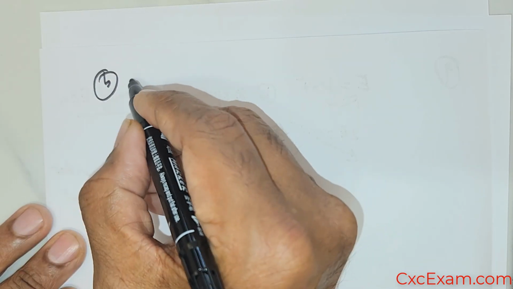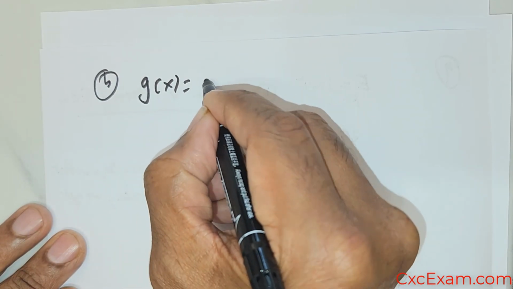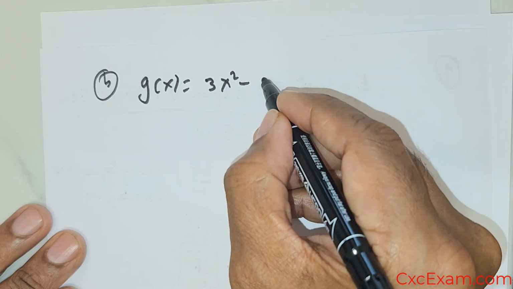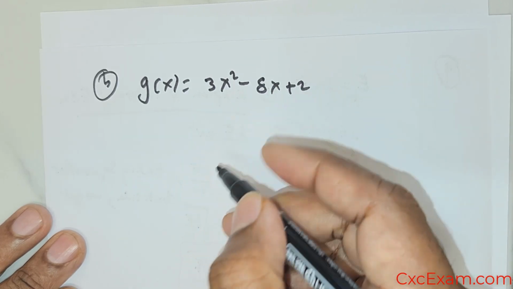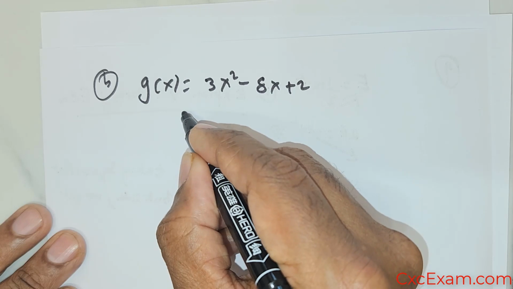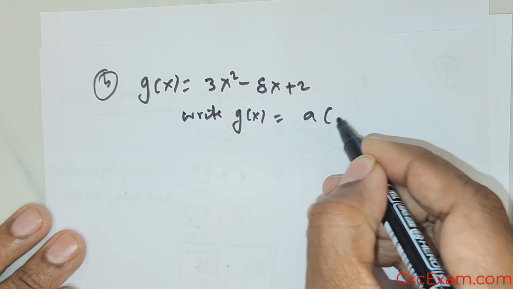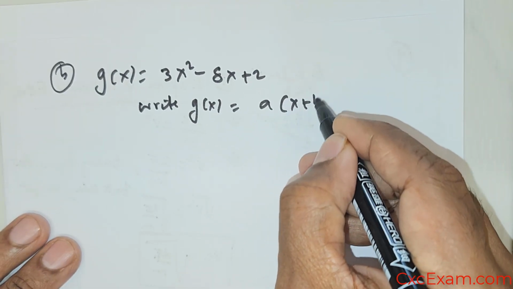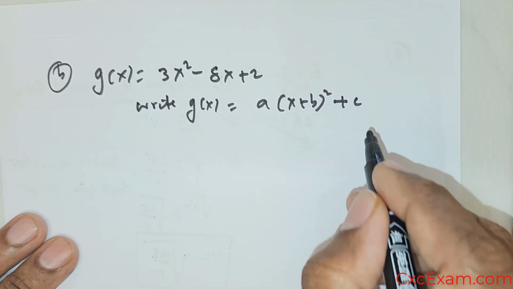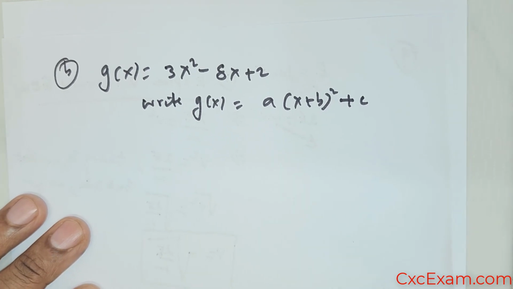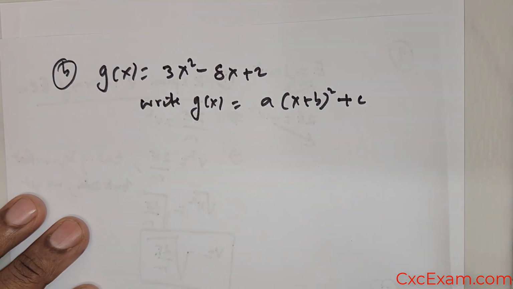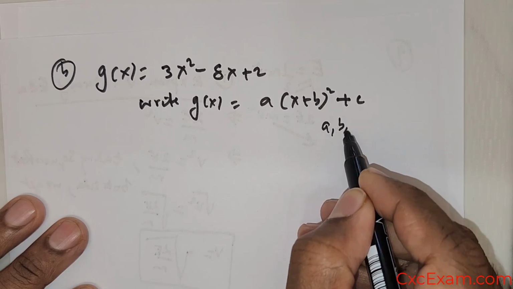Part B, we are given that g of x is equal to 3x squared negative 8x positive 2, and we are asked to write g of x in the form of a times (x positive b) whole squared positive c, with a, b, c elements of real numbers.